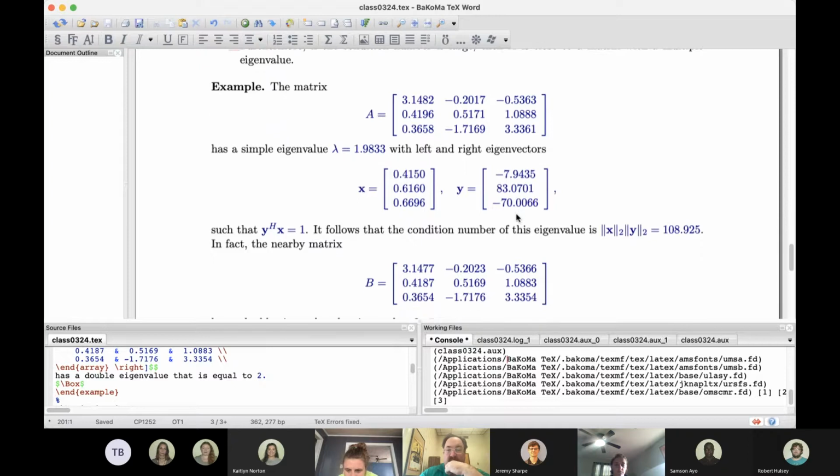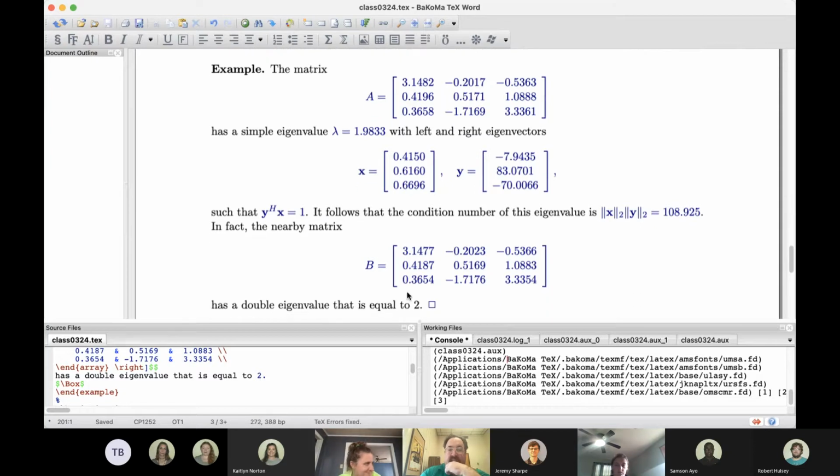So it turns out that a pretty small perturbation of this matrix, to give this one, where you can look at the entries and see they're fairly close together, has a repeated eigenvalue of 2.